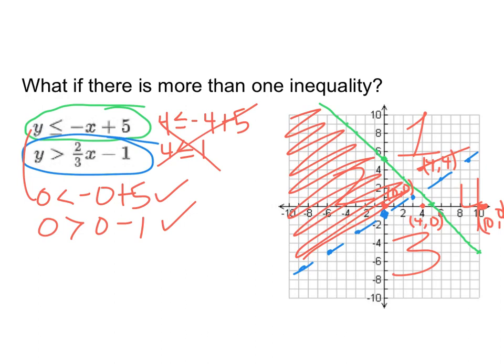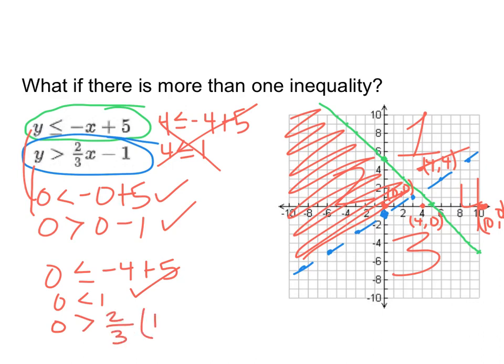So 4, 0. All right, 4, 0 did work in the first inequality, so I'm going to check it in the second. That would be 0 is greater than 2/3 times 4 minus 1. I can tell by looking at that that's going to be 8/3 minus 1. 8/3 is definitely more than 1, so that's going to be bigger than 0, so that one doesn't work.